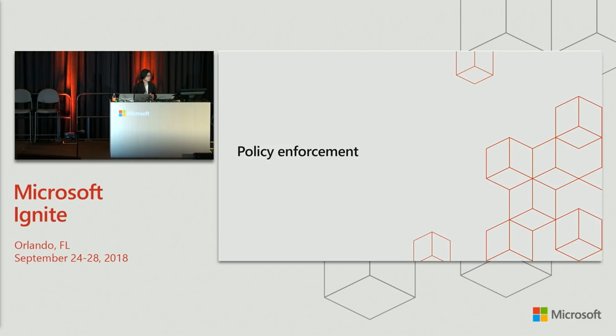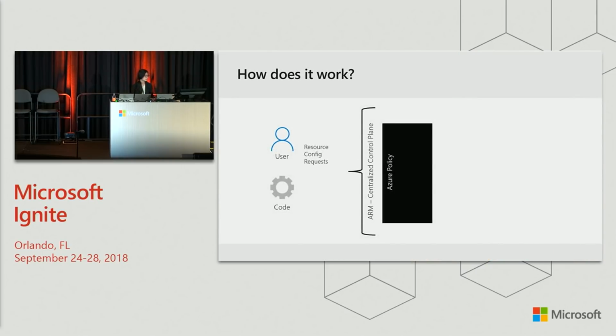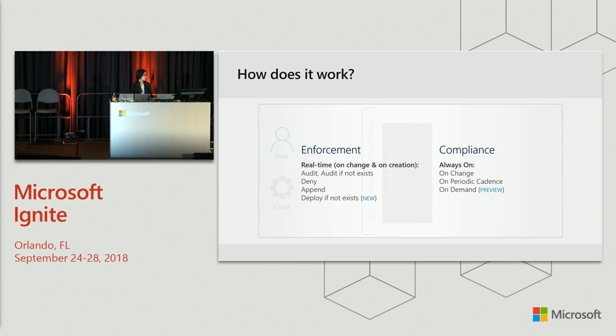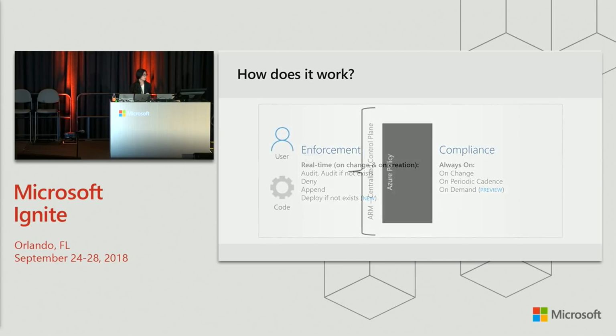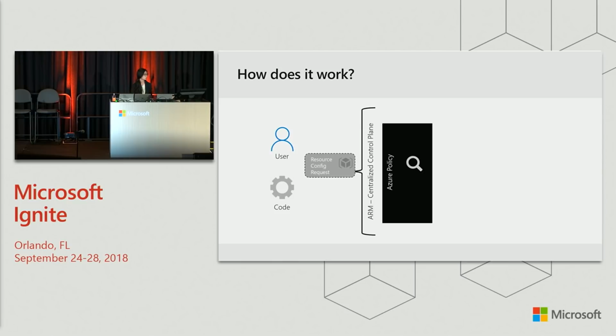Now let's go over the policy enforcement. As some of you may be familiar, behind Azure Policy we have two engines underneath it. One is for real-time enforcement, and the other is for compliance evaluation. When a resource comes in, we evaluate the resource before it actually gets created.